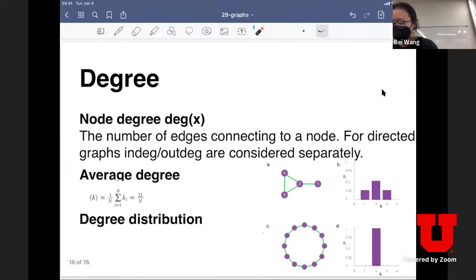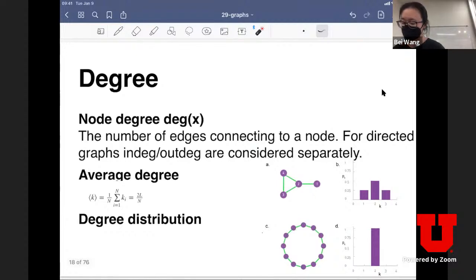You can also compute what's called the average degree, which is essentially taking all the degrees, summing them all together, and dividing by the number of nodes. Then you can also plot things like degree distribution. For example, in this circle graph, everybody has a degree 2, so the histogram of degree distribution looks like there's only 1 bar because everybody has degree 2.